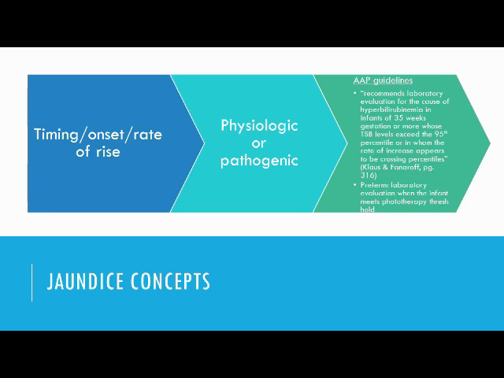You have to consider that pathogenic until proven otherwise. So that's when you dive into more of those other labs that we'll talk about, maybe a CBC or a Coombs test. You're going to go a little bit further than just a total serum bili, because this kid is jaundiced early. That bilirubin level is climbing pretty fast, and we're crossing percentiles. So we need to figure out what's going on. Why is this kid having so much red blood cell breakdown?